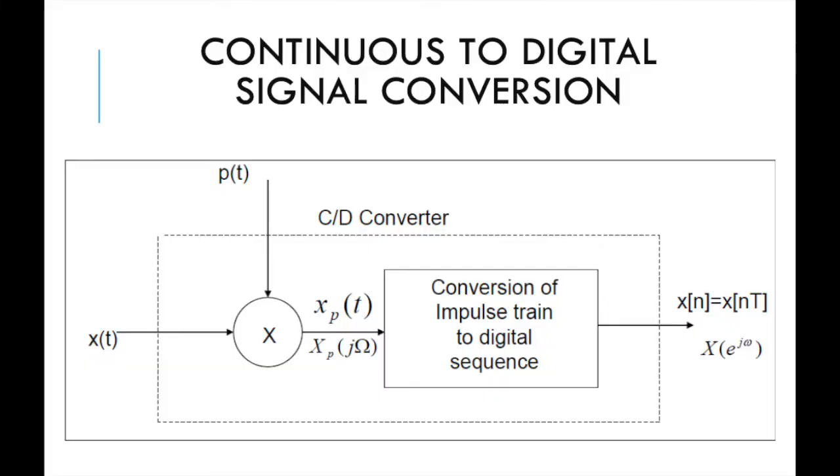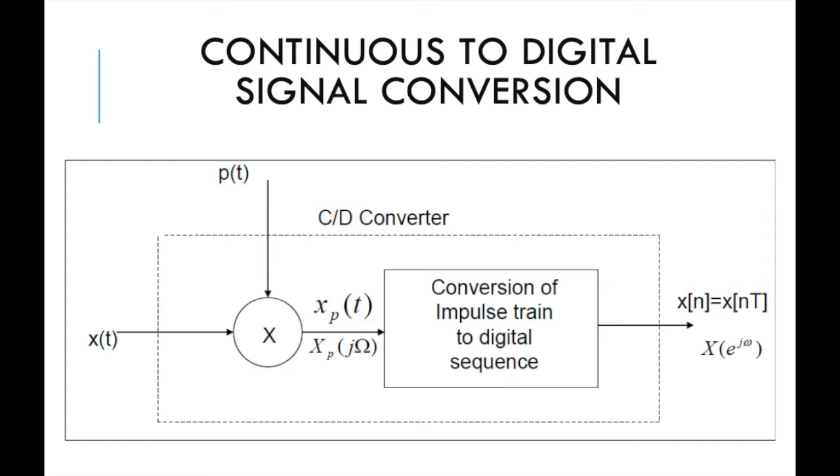The next slide is the general block diagram of digital signal processing. The next slide, continuous to digital signal conversion. If you look at this slide, x(t) is your input signal, p(t) is your impulse train.